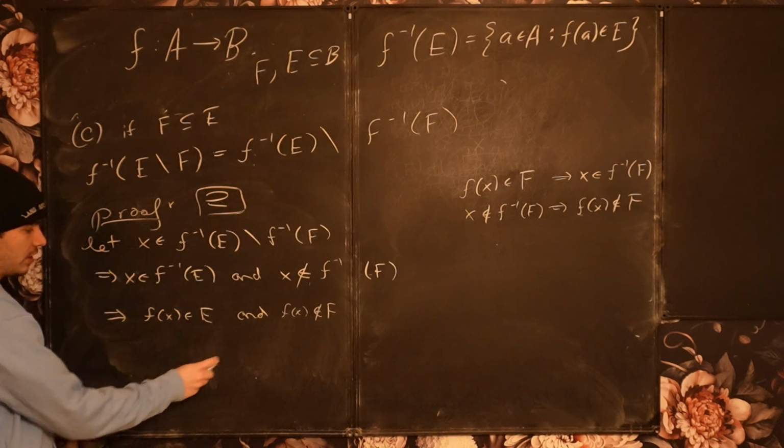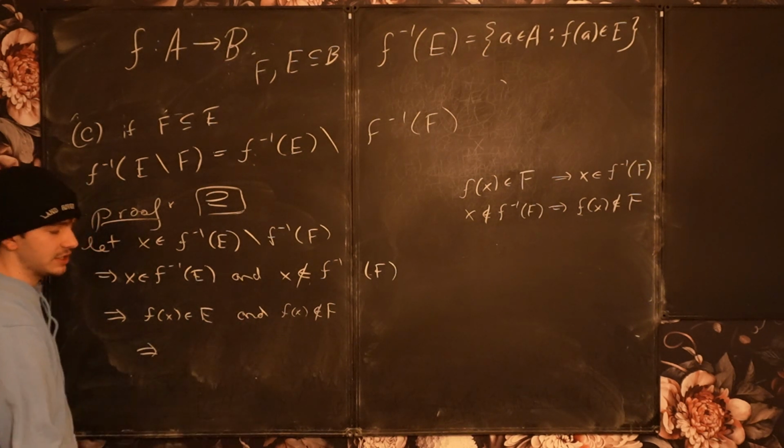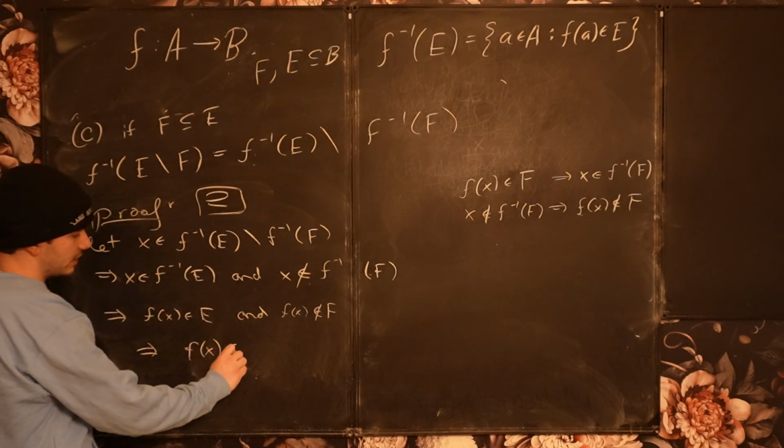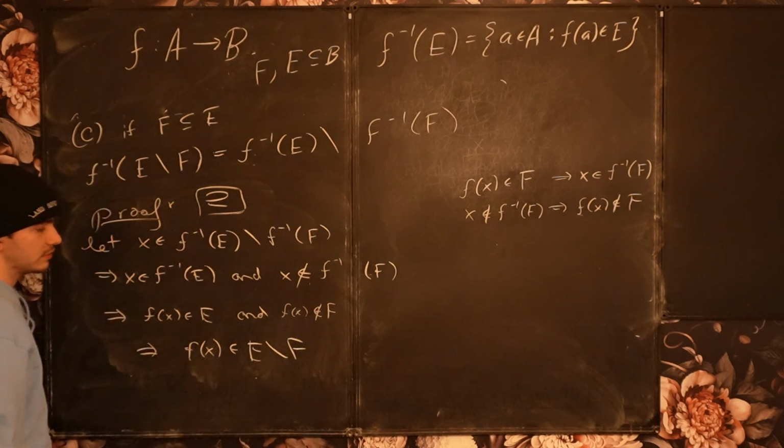Now let's look at what we have. We have f of x is in E and f of x is not within F. Therefore, f of x is in E set minus F.